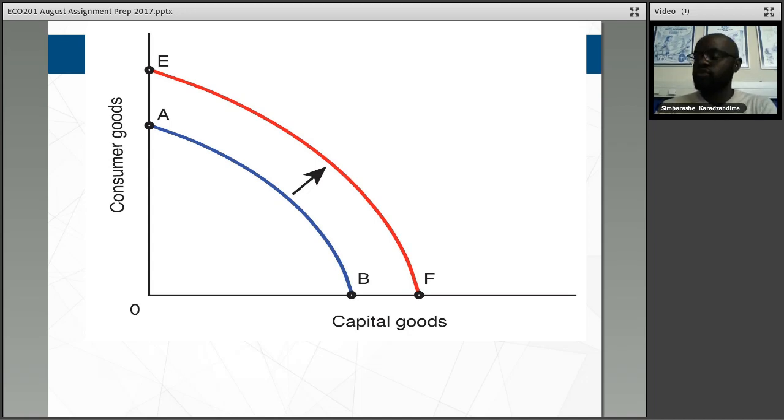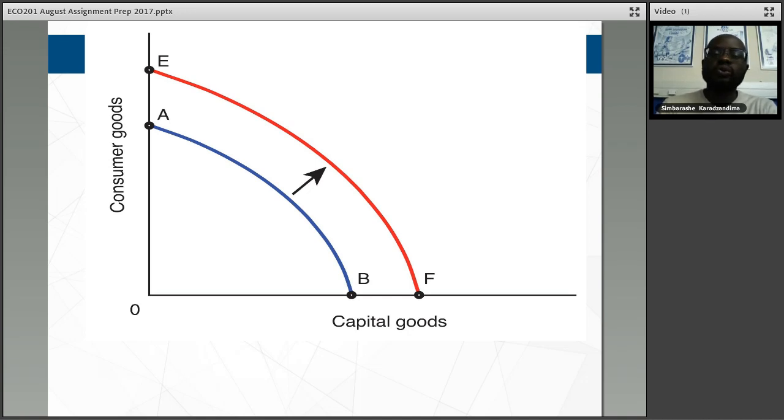Again, if you are asked to illustrate economic growth on the PPC, this is how you illustrate economic growth. Because remember, economic growth is an increase in the production of all goods and services in the economy. All our goods and services in this case are represented by the two goods, consumer goods and capital goods. So if both of them are increasing, it means that this community or this economy is already achieving economic growth.